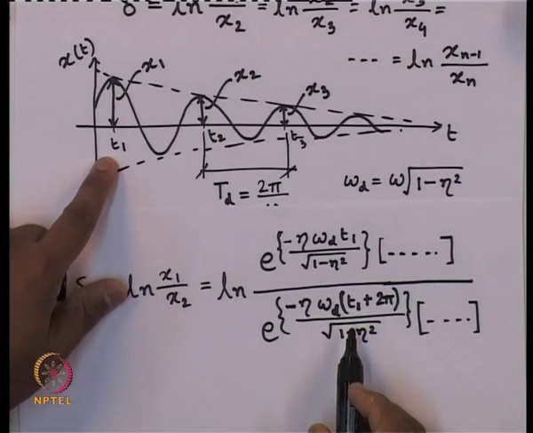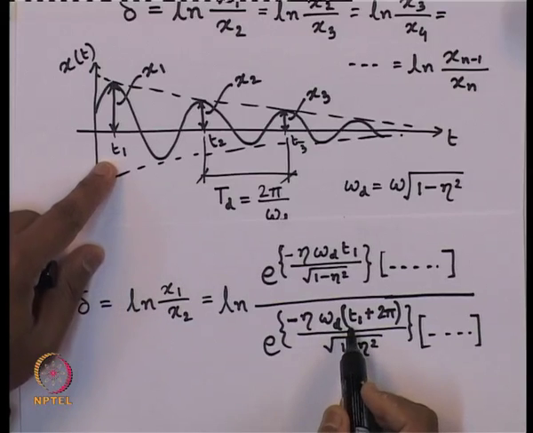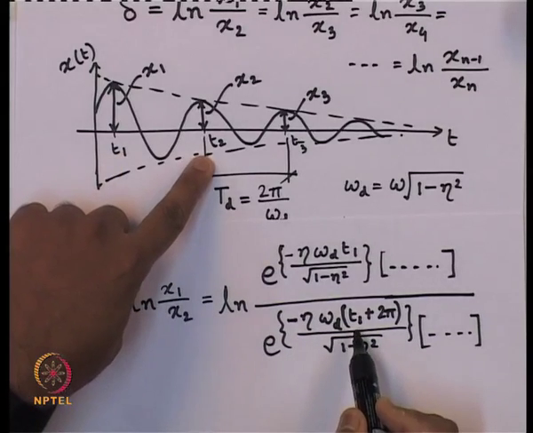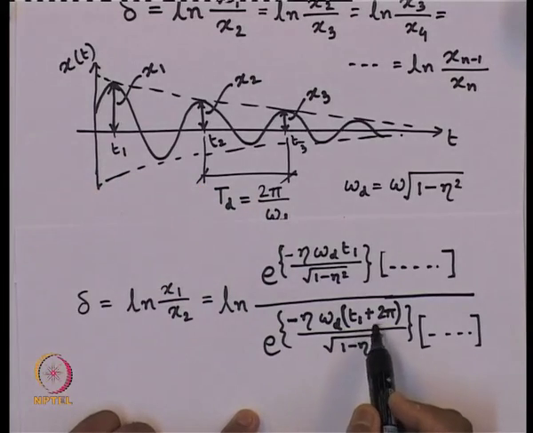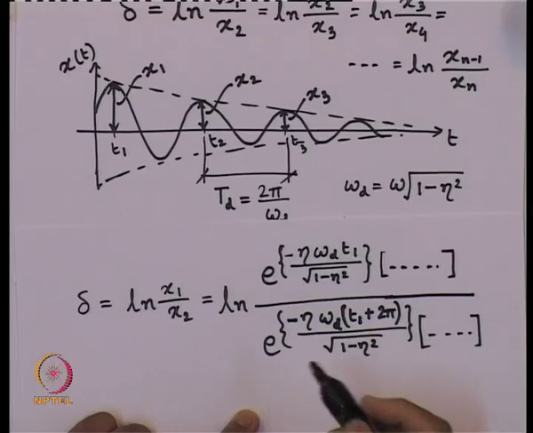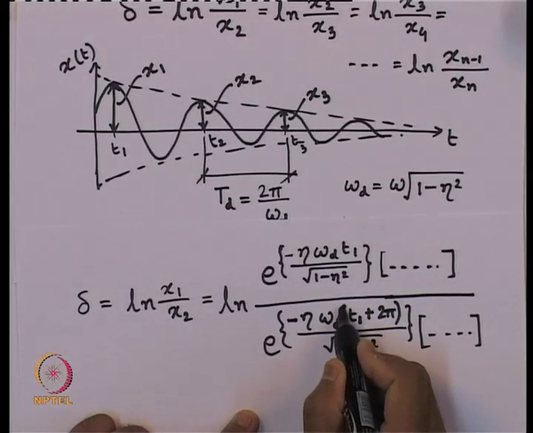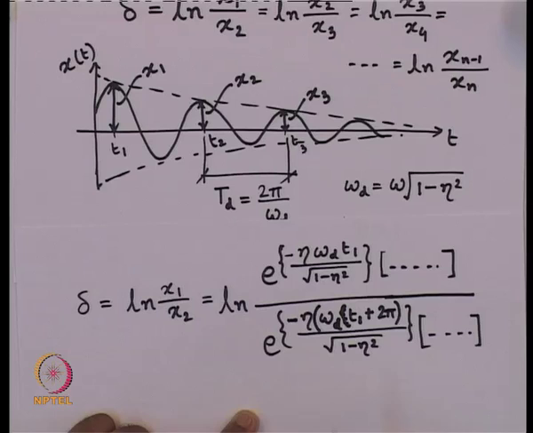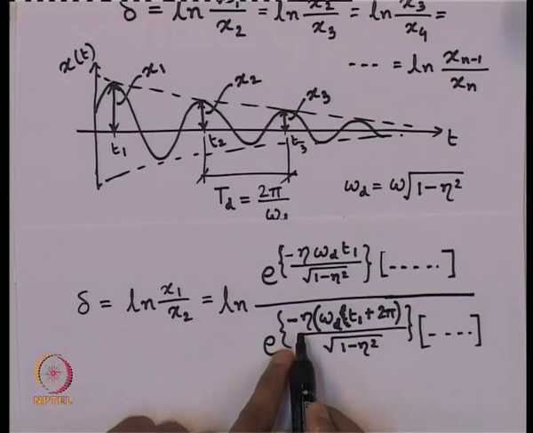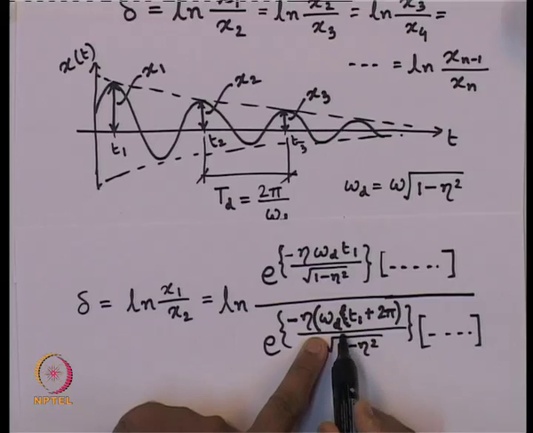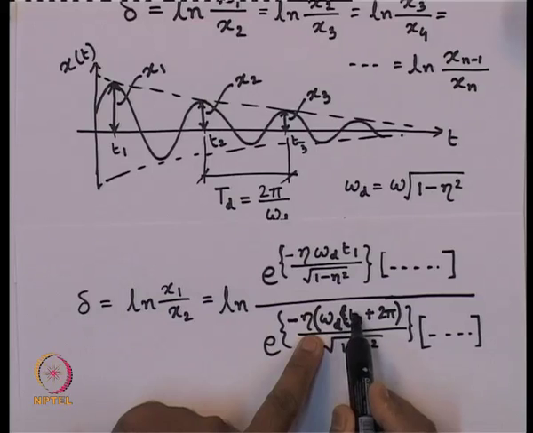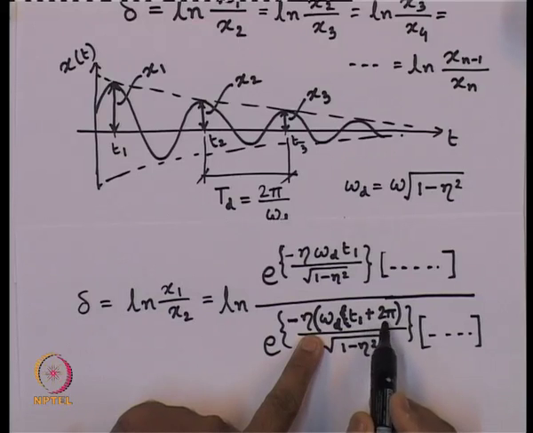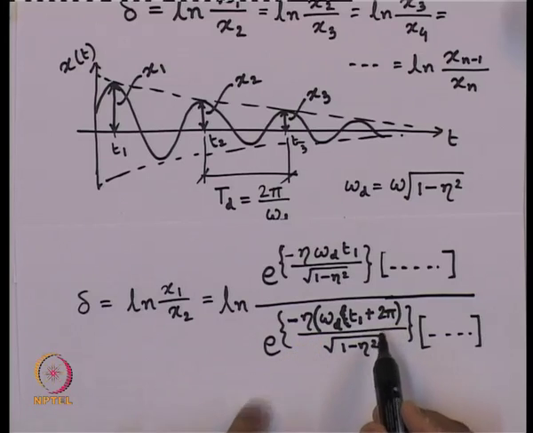Look at here, t2 will be nothing but t1 plus td, t1 plus td. So, 2 pi by omega d. So, the bracket should be here. Now, am I correct? Minus eta omega d times t1 plus 2 pi by omega d. So, it becomes omega d times t1 plus 2 pi, correct?